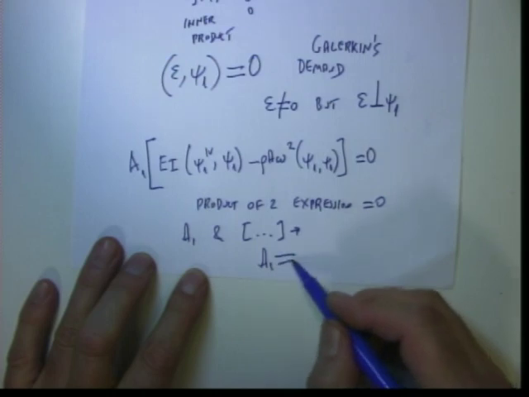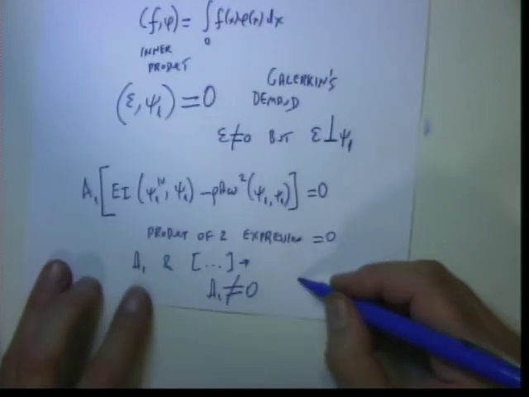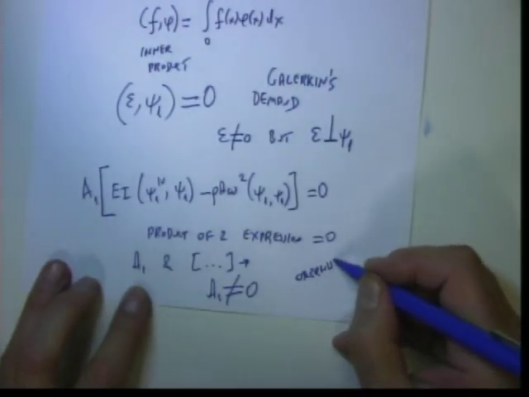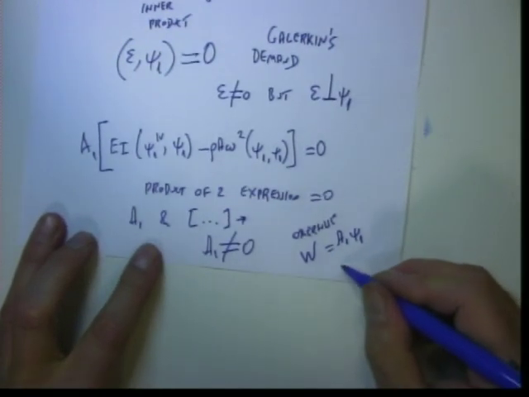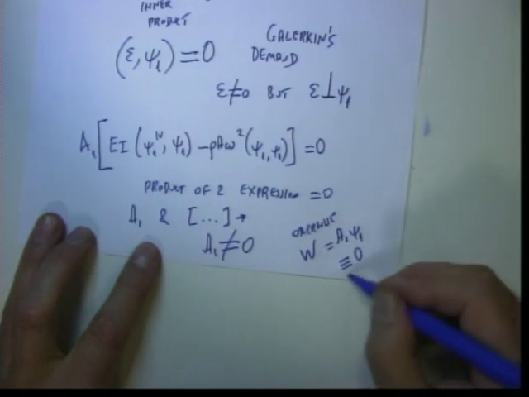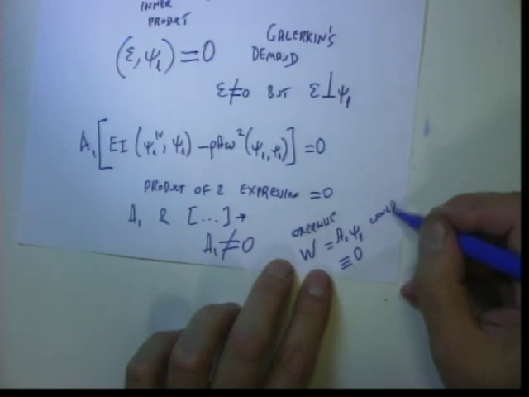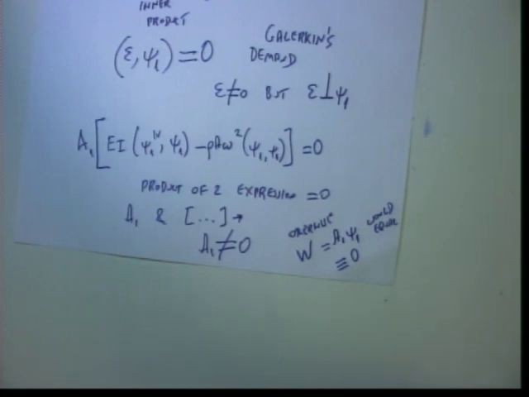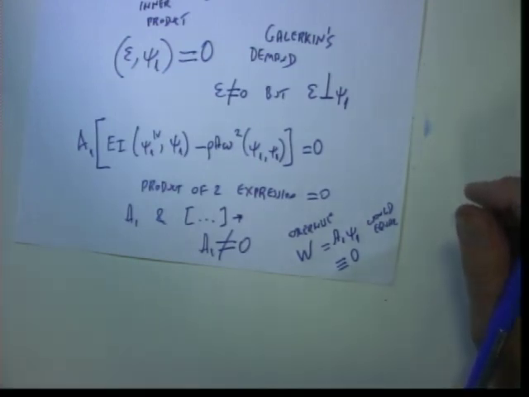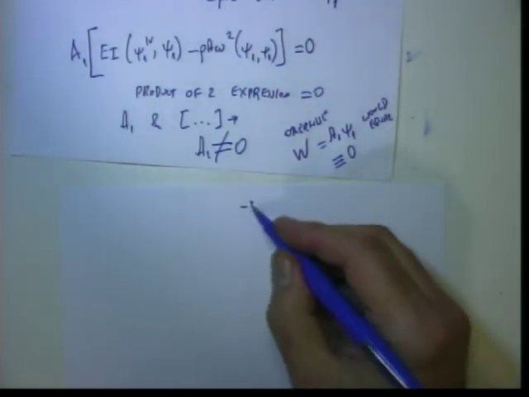Now a1 does not equal 0, because otherwise w that is approximated as a1 psi1 would equal 0 identically.